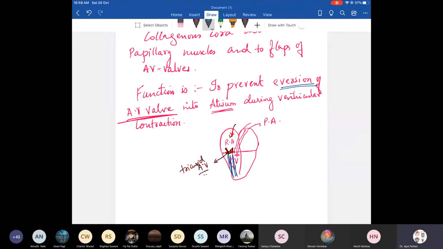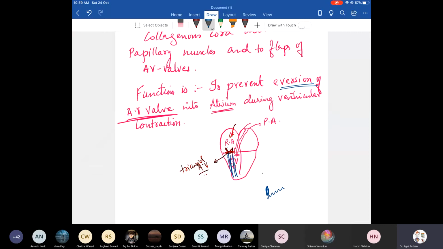Shifa, is it clear? AV valve means atrioventricular valve. Yes, AV means atrioventricular valve, which is of two types. One is tricuspid, the other is bicuspid. What are papillary muscles? Tanmay, if this is the columnae carneae, to the columnae carneae there is a papillary muscle attached.